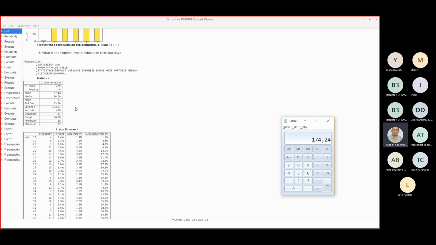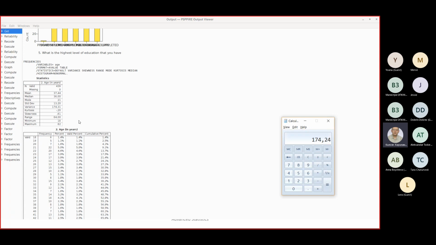The other measure for dispersion is range. Range is the difference between smallest and largest value. So the youngest person in our population is 18 years of age. The oldest person in our population is 82 years of age, and the difference between 18 and 82 is exactly 64 years.